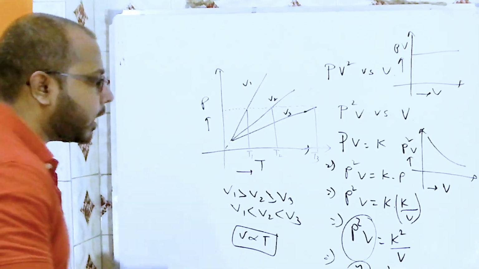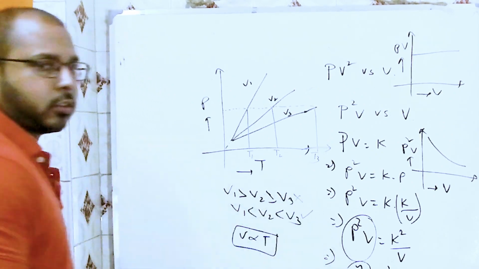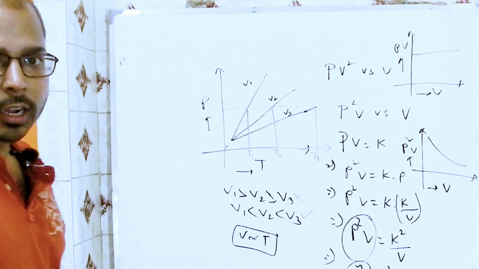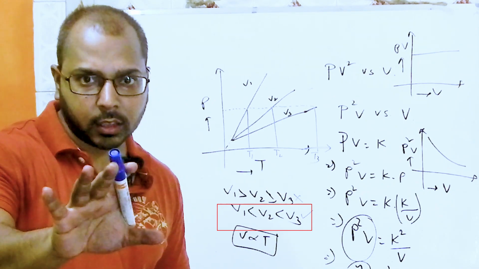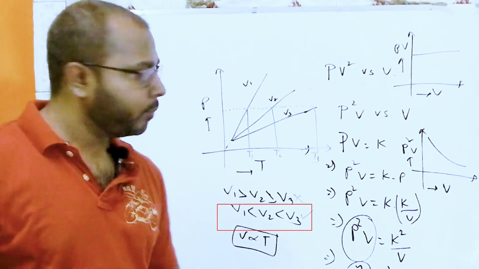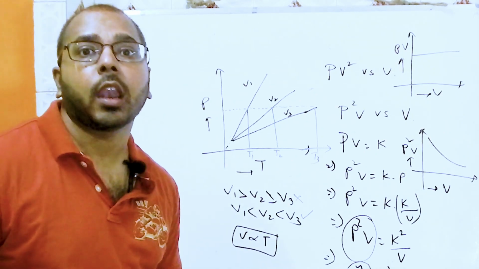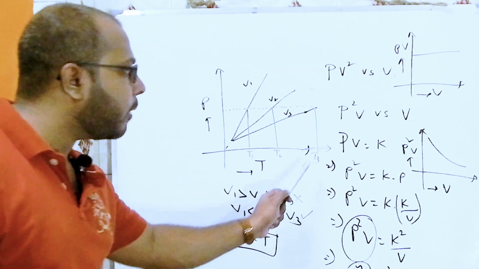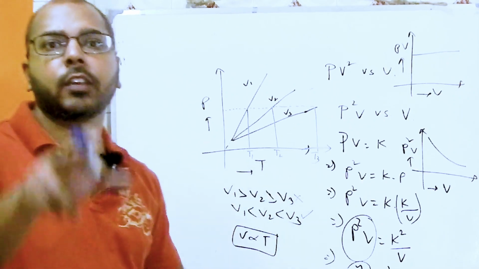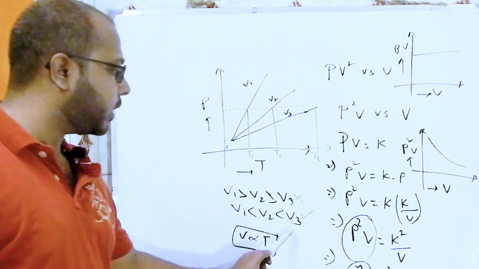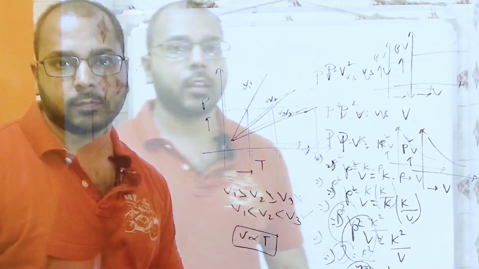So that is the right option, but this is not. Got my point? If we keep the pressure constant and do not change it, then temperature and volume are directly proportional. So here T3 is higher, which means V3 will be high, V2 will be lower.